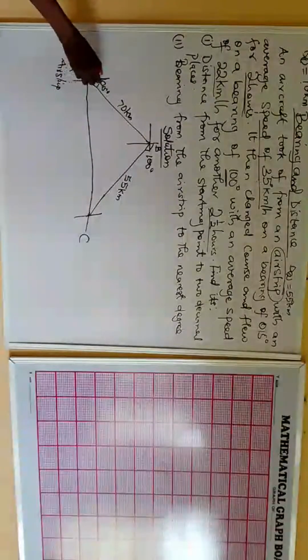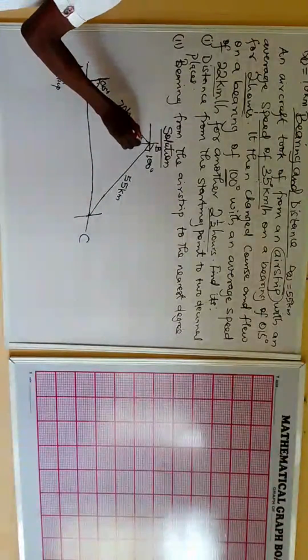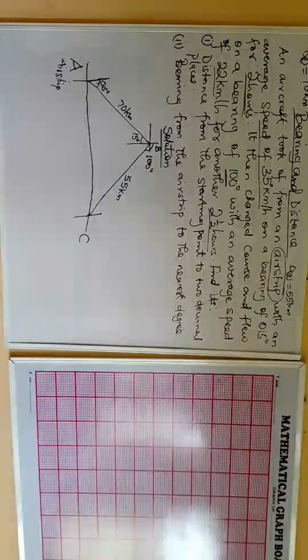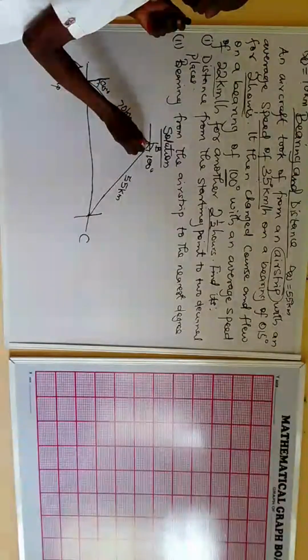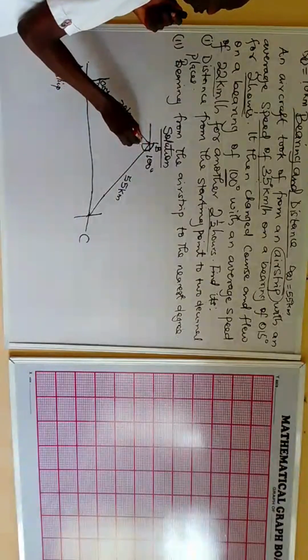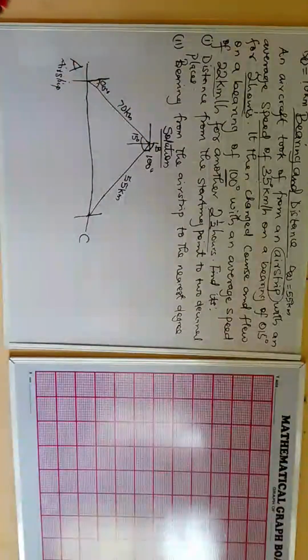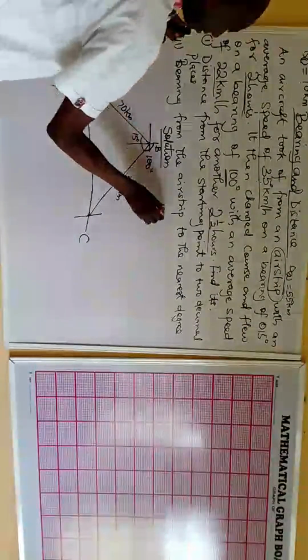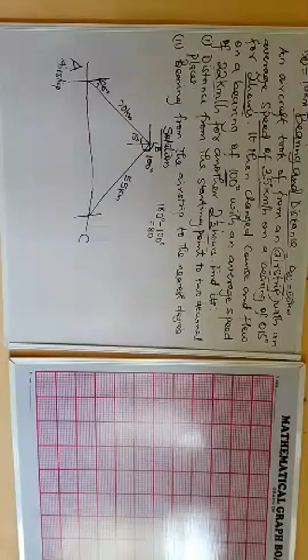If here is 15 degrees, here will be 15 degrees. Reason: alternate angle. If from here to here is 100 degrees, and you know that the sum of angles in a straight line is 180 degrees, you now say 180 degrees.